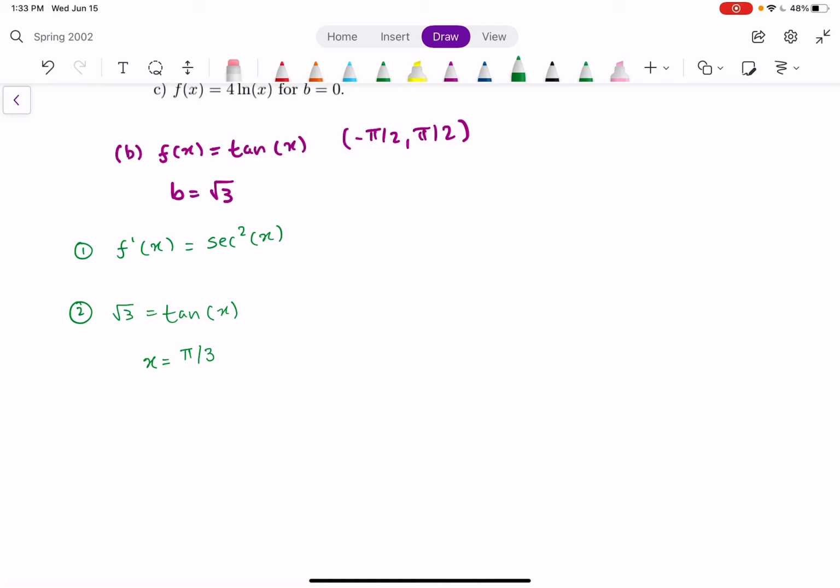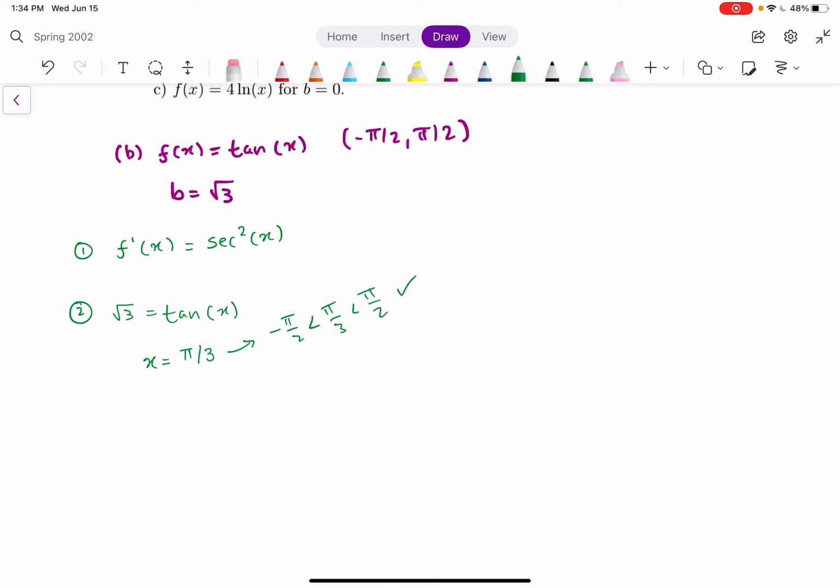And this is going to be pi over 3 because it is in between negative pi over 2 and pi over 2, which is our bound. So that is, in fact, correct.